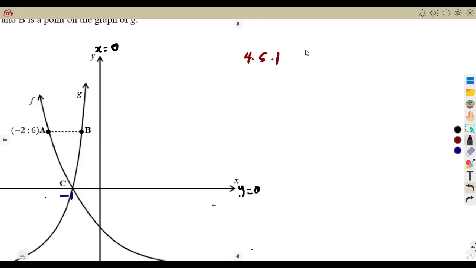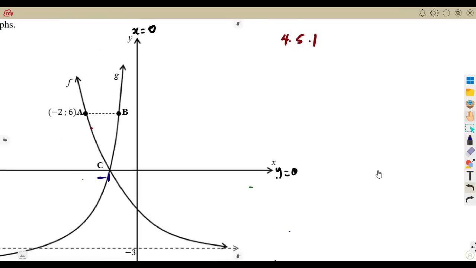So in order for you to have this equation that passes through A and C, you must have the point A and also the point C. The point A is given, -2, 6. The point C is also given. Remember, we calculated this. We said it's -1 on the x-axis, y is equal to 0.